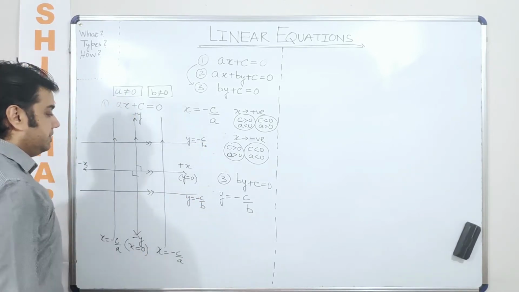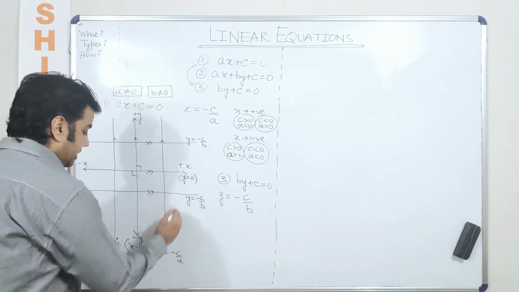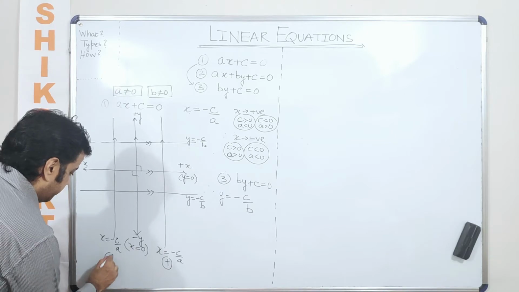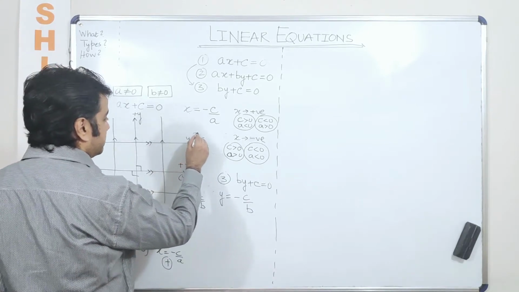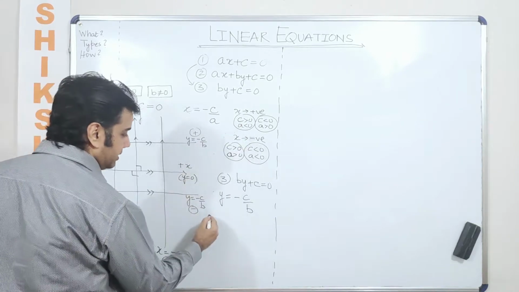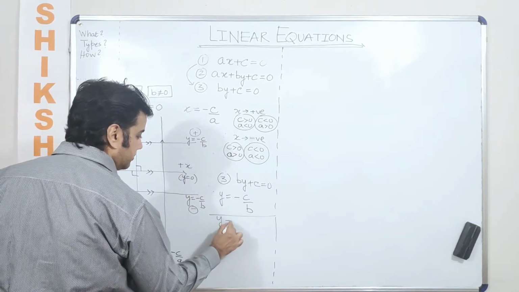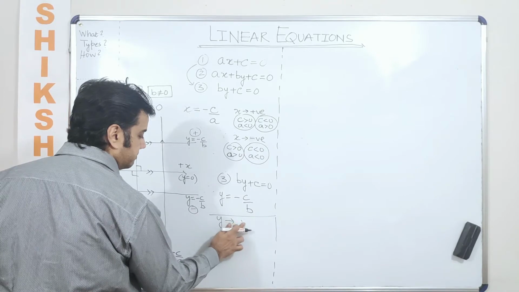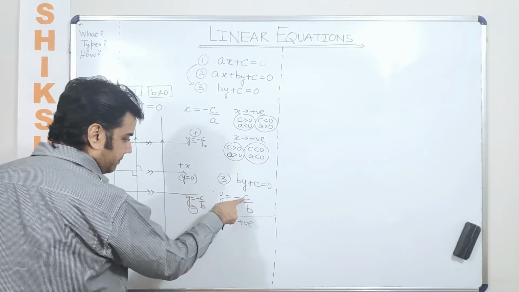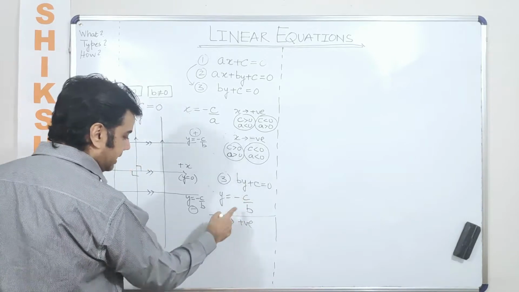Now you need to keep this in mind: here the value of x is positive, here the value of x is negative, here the value of y is positive, and here the value of y is negative. So doing the same discussion now for y. If y has to be positive, you say the same: at a time one of them has to be positive and the other one has to be negative.